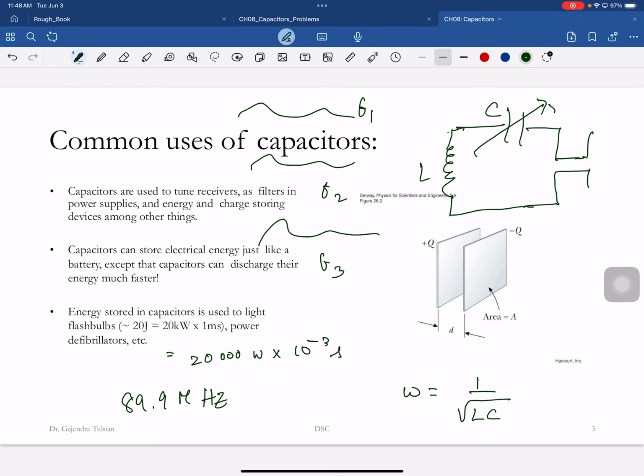And so what does this do? It's 200 times 100 watts times 10 to the minus 3 seconds. So here's what that flash bulb did for you. It lit up 200 100-watt bulbs for a millisecond.